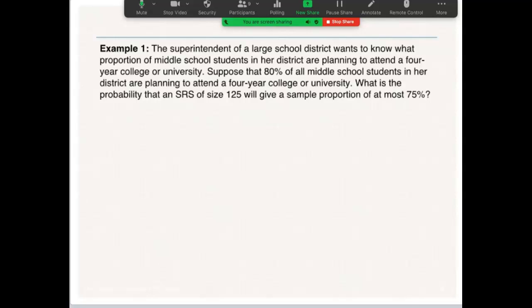The way they're stating that, that's the true population proportion, so p equals 0.8. What is the probability that a simple random sample of size 125 will give a sample proportion of at most 75%? My sample size that I'm discussing is 125.